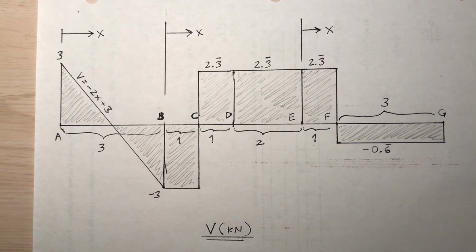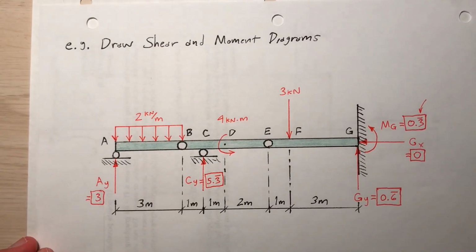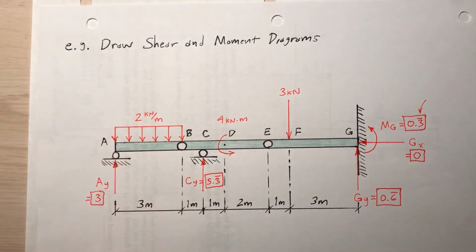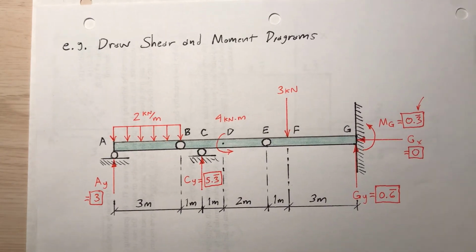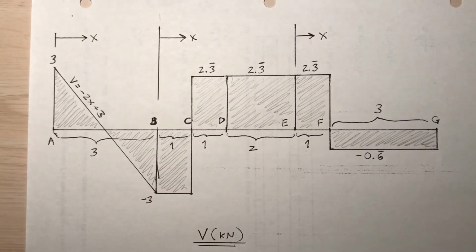You may also remember from statics that the area under the distribution diagram is equal to the change in shear. The load distribution, 2 kilonewtons per meter times 3 meters, is 6. That area is a change in shear.